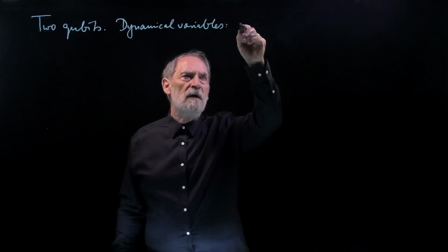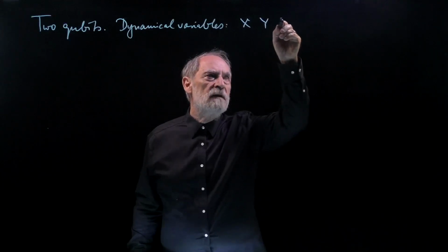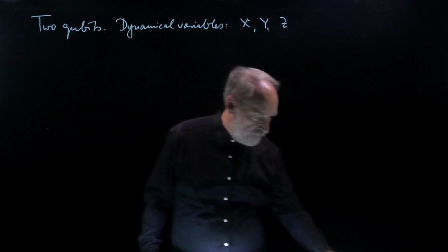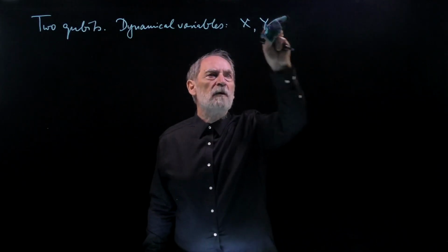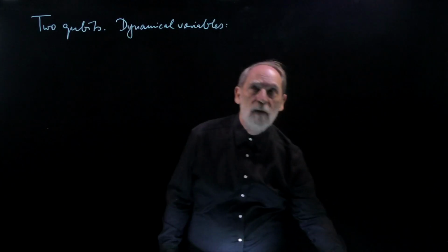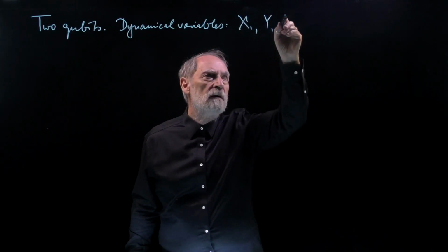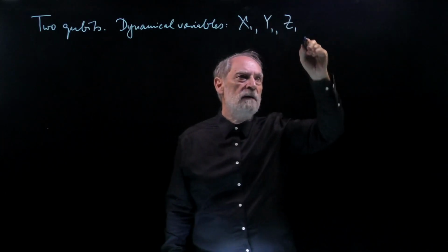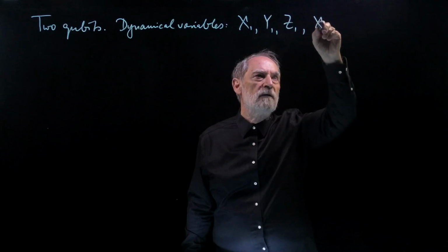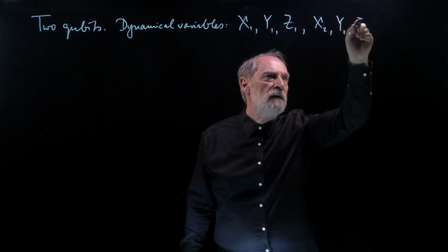So we have the Pauli operators x, y, z for the first qubit. Let me call them x1, y1 and z1. And then we have the Pauli operators for the second qubit. Let me call them x2, y2 and z2.